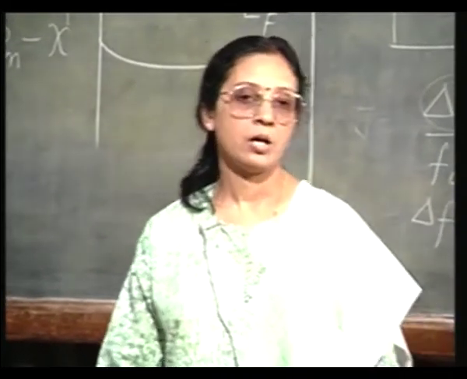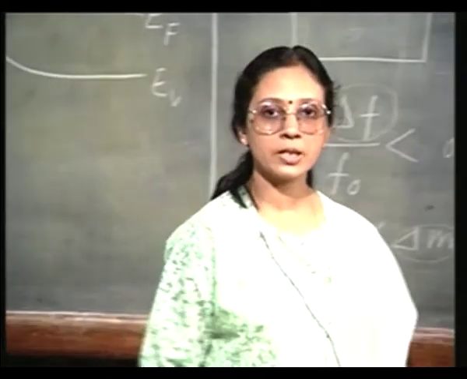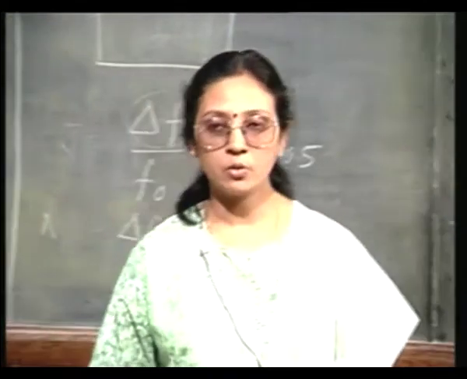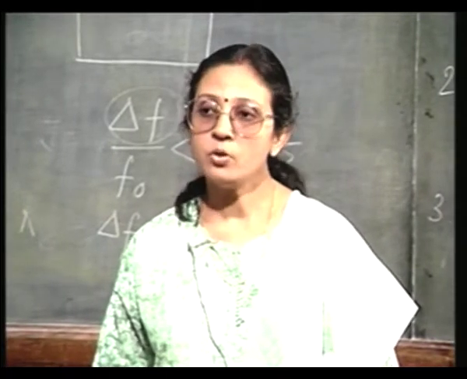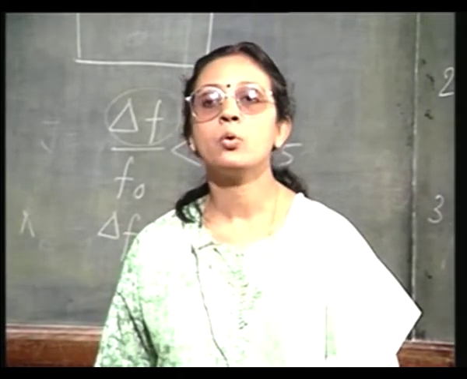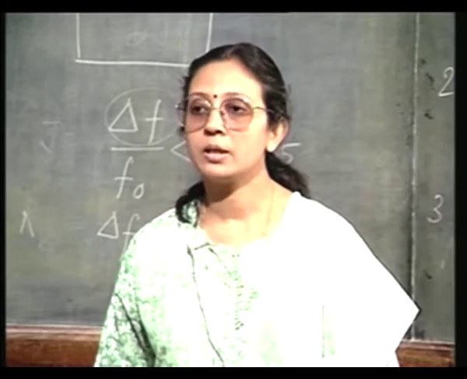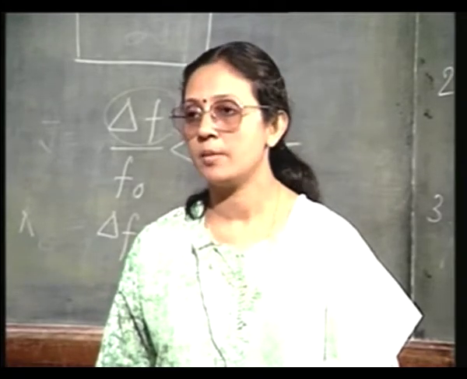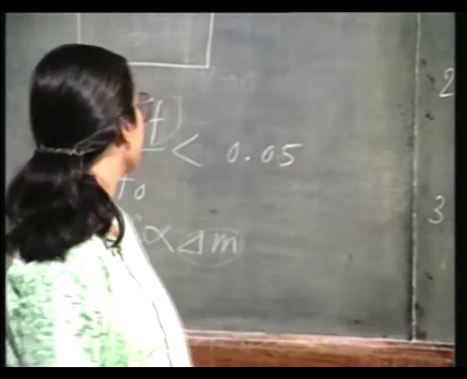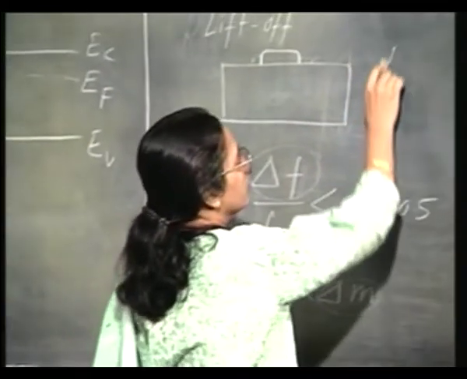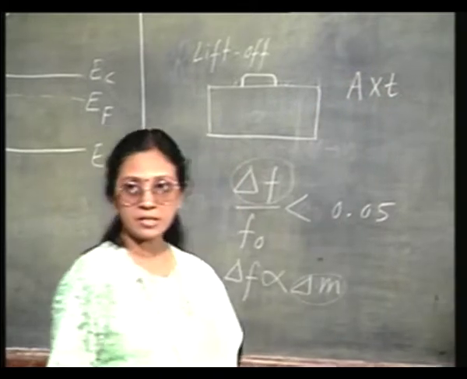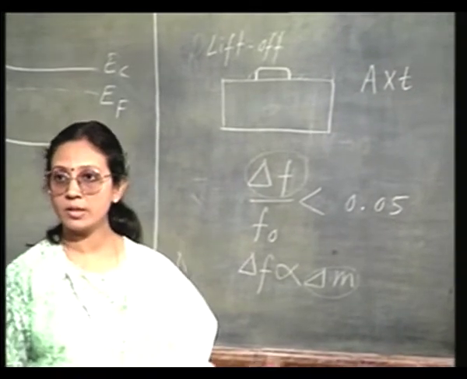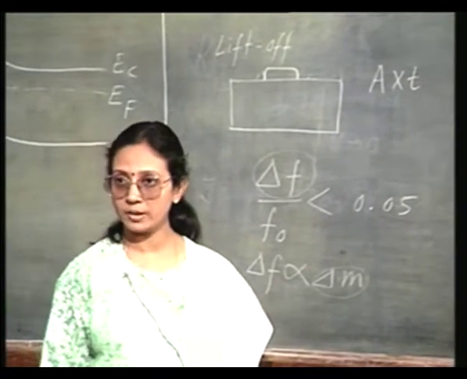Of course, the other cruder technique is you take out the material and you measure the incremental weight gain. You know the surface area of the sample, let us say it is A, and if the thickness of the metal is T, then A into T will give me the total volume of metal that is deposited.